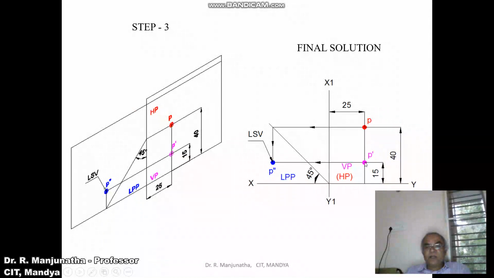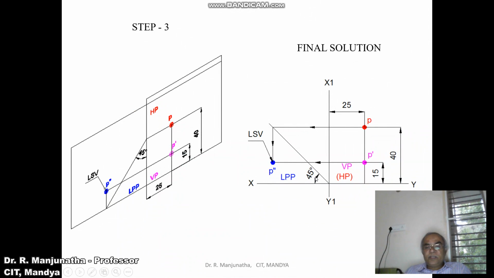So you draw a horizontal projector from P dash to the profile view. Then this distance, which is 40 mm and vertical here, has to be transferred onto a horizontal distance, that is this distance. To do that, first we draw a 45 degree line adjacent to HP. That is basically because the image which is in HP is the one which you need to transfer to the side view.